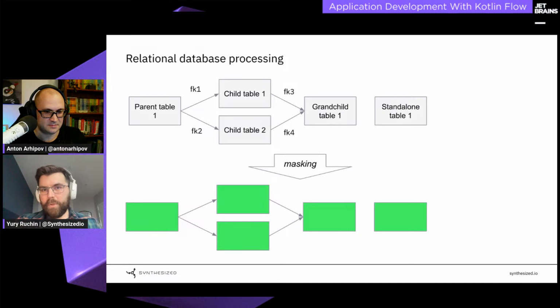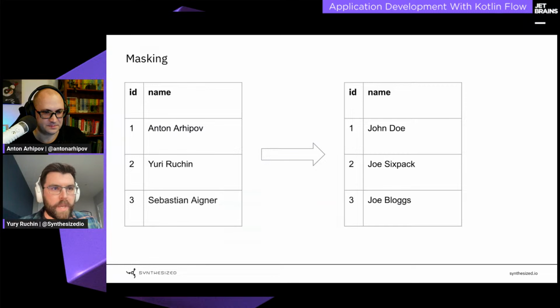We will take this input database, run it through the application that we will be developing, and create a replica of that database. But it won't be a one-to-one replica. We will apply so-called masking on top of the data. And what is masking in our case?